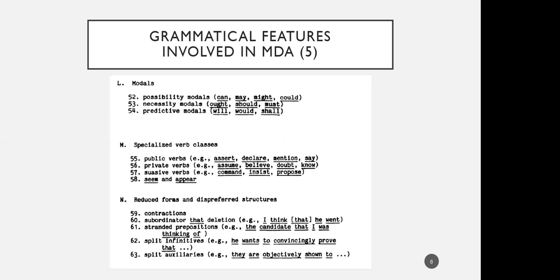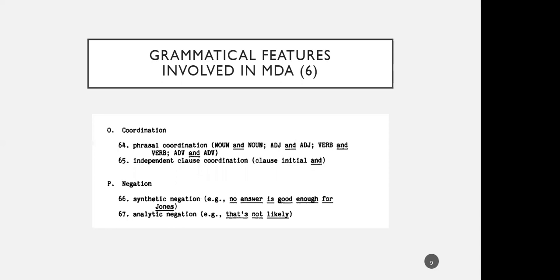And suasive verbs, which imply intentions to bring about some change in the future, such as command, stipulate, insist, and so on. So then reduced forms of dispreferred structures. And two last grammatical classes are coordination and negation, both synthetic and analytic.